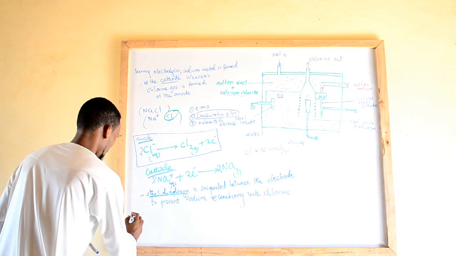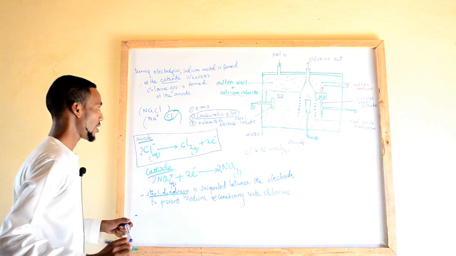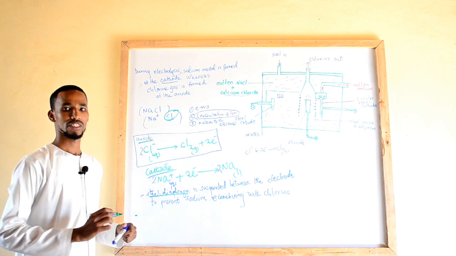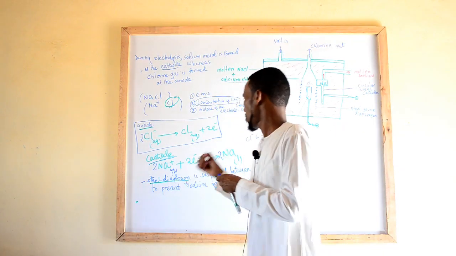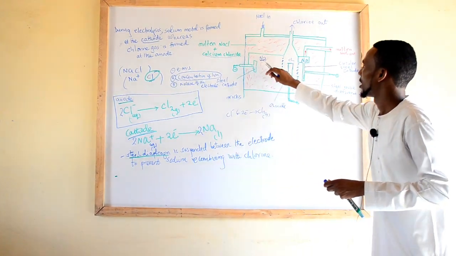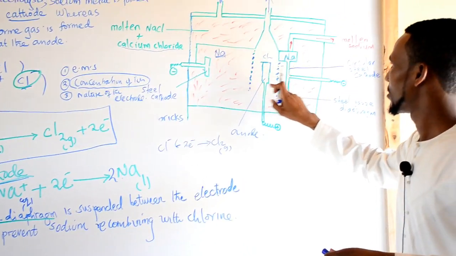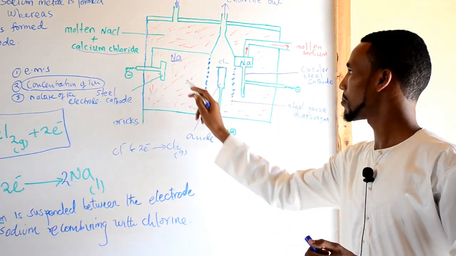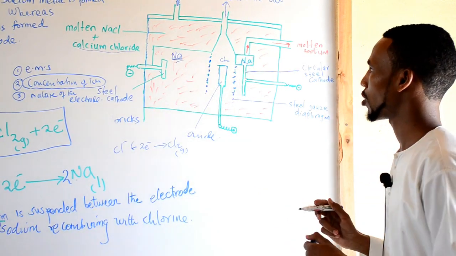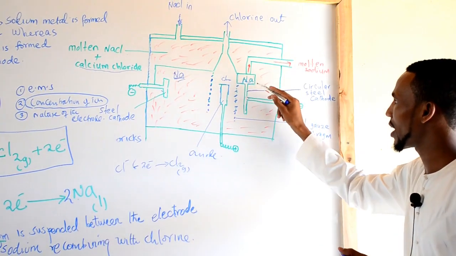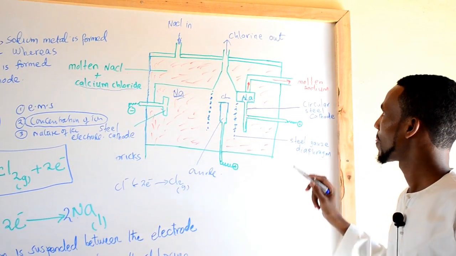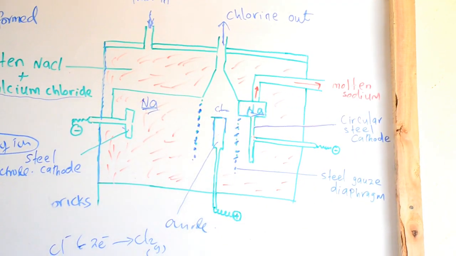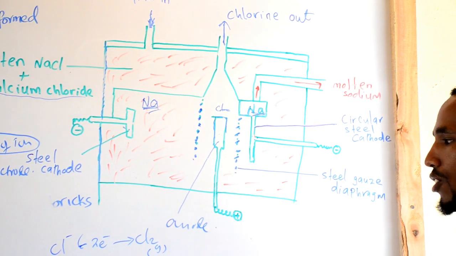Then next, molten sodium. So we said the steel diaphragm is suspended between the two electrodes to prevent sodium and chlorine from recombining. So what we have here is chlorine gas that is out here, and molten sodium at the cathode.